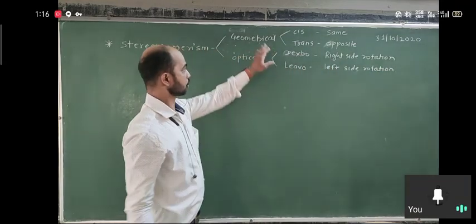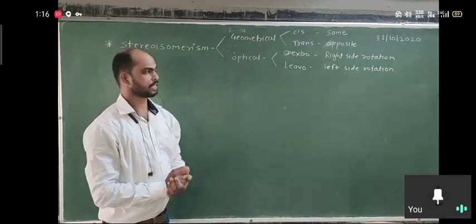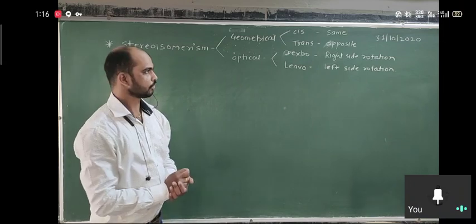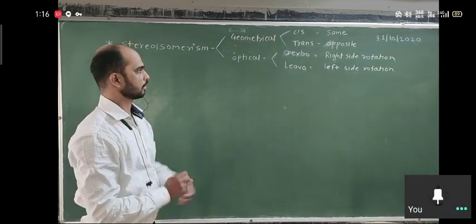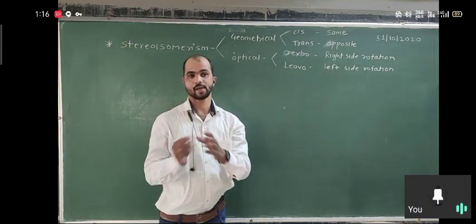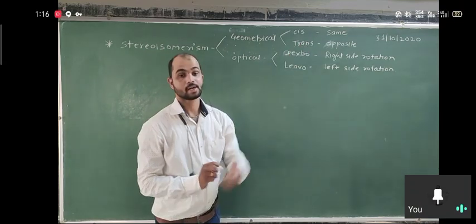Basically in geometrical isomerism we see two similar ligands. If they are adjacent to each other we call it the cis geometrical isomer. If two same ligands are opposite to each other, then we say it is a trans isomer.